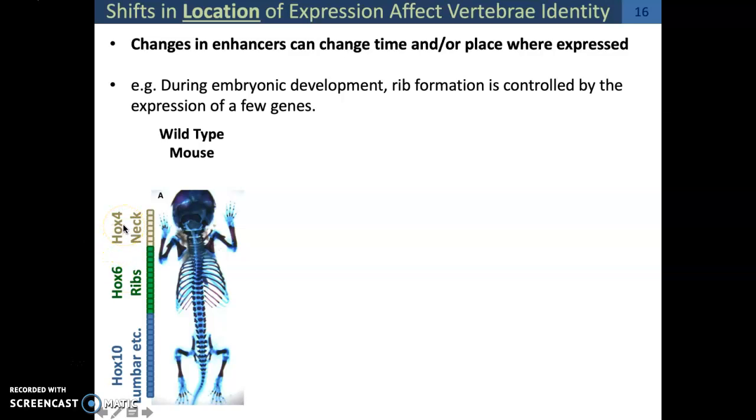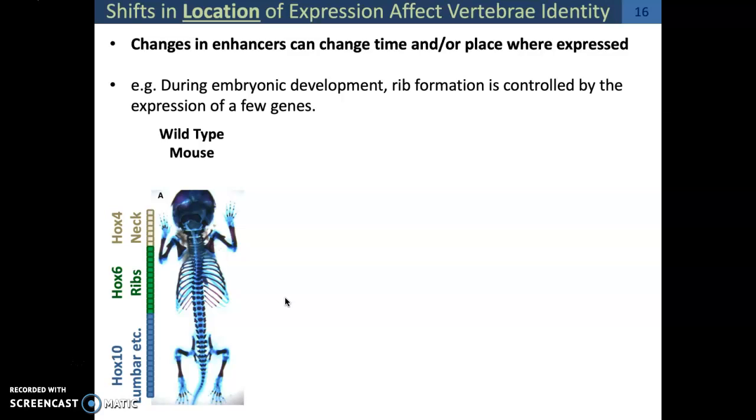So in a wild-type mouse, what we're seeing here is 3 different versions of Hox genes called Hox4, which controls development of the neck, Hox6, which controls development of the ribs, and then Hox10, which controls development of the lumbar region or the spine. So in a wild-type mouse, all of these Hox genes, these enhancers, will be turned on, and they'll show you a specific amount and in a location, right?